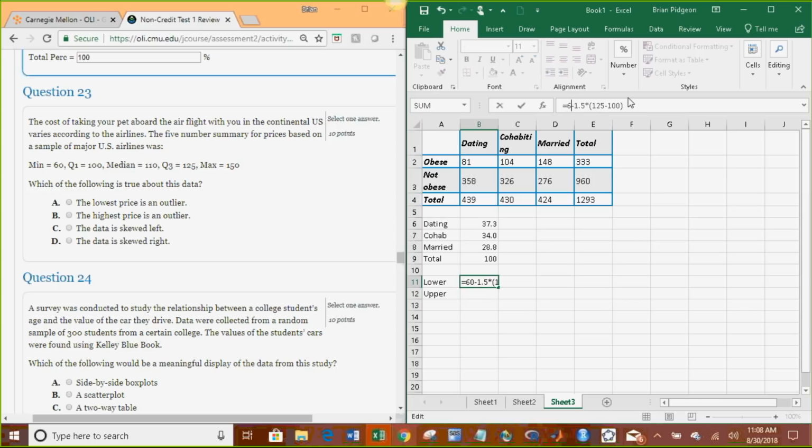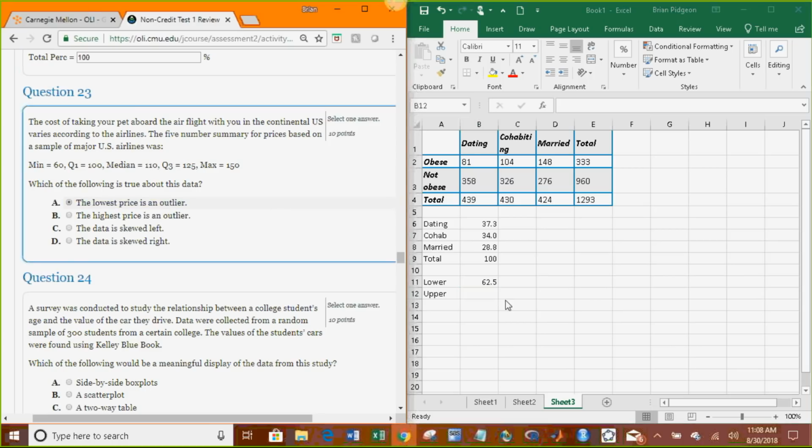It's going to be Q1 minus 1.5 times the IQR. So, sorry, I said minimum. I didn't mean that. It's 100. So basically, any value below 62.5 is going to be considered an outlier. And we know our minimum is 60, and that's below 62.5. So we can see that the lowest price is actually going to be considered an outlier.